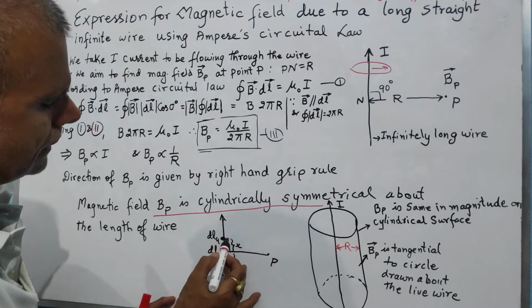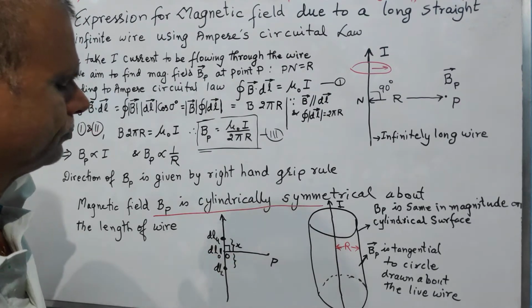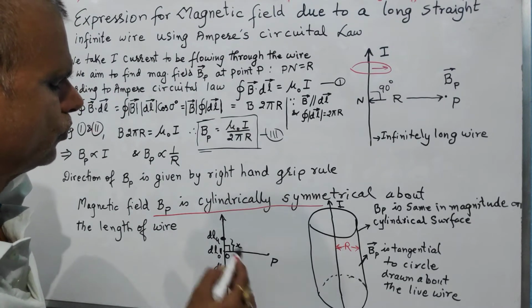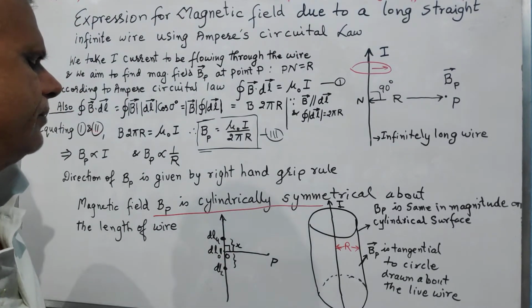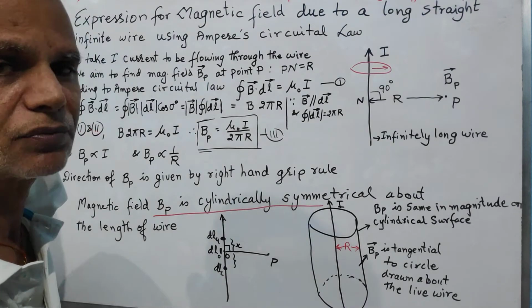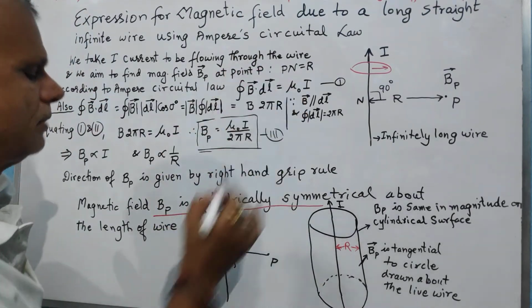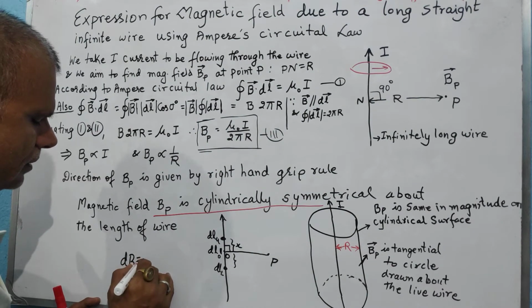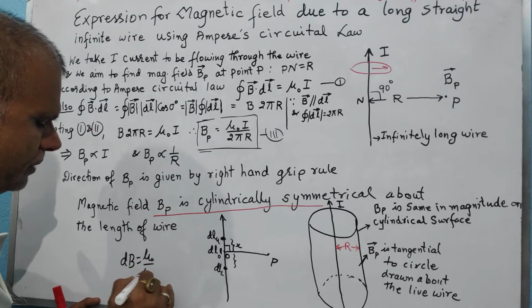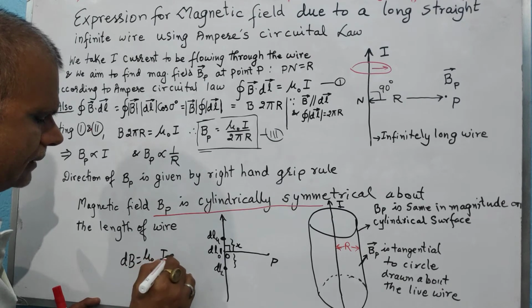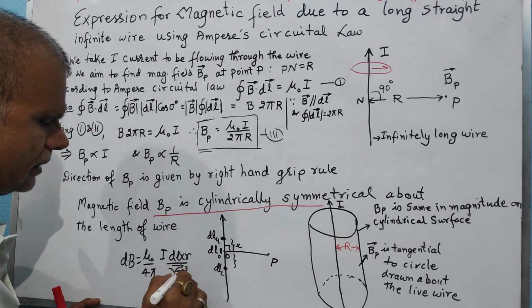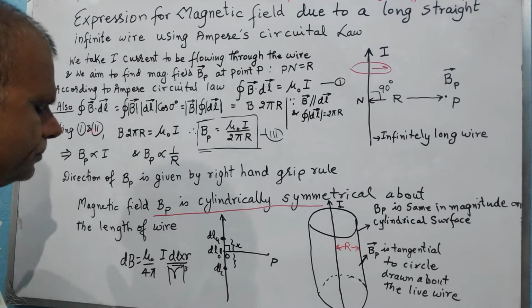And due to this current element, the magnitude of magnetic field will decrease. This is one point, because you know the Biot-Savart law: the magnetic field due to a current element is mu0 by 4 pi, I dl cross r, divided by the magnitude of r cube.